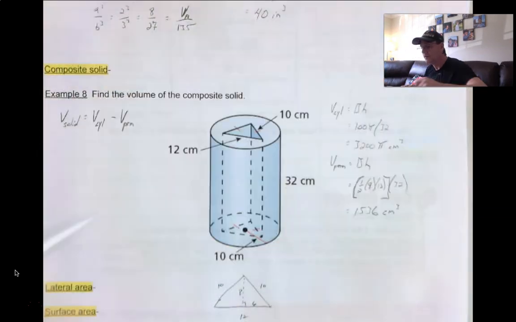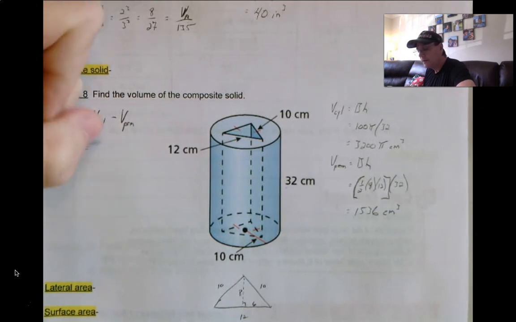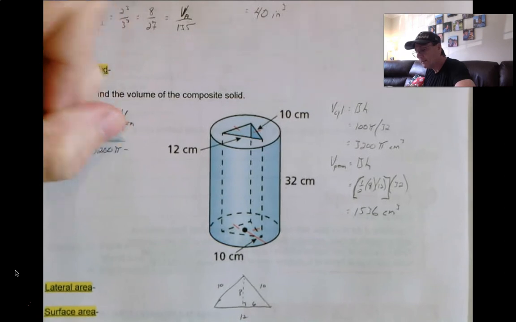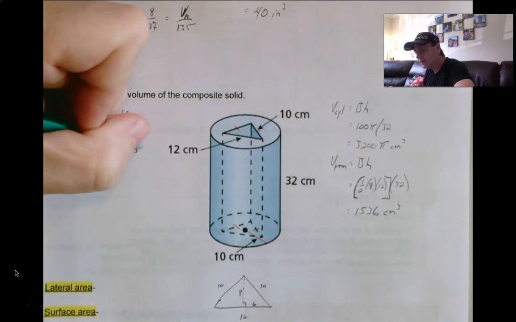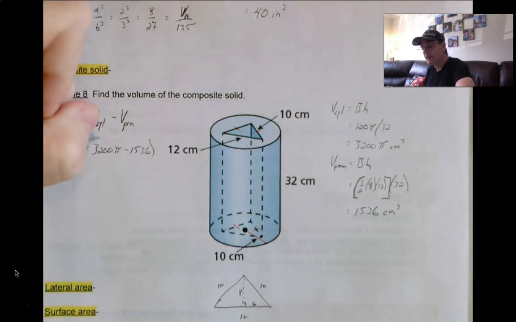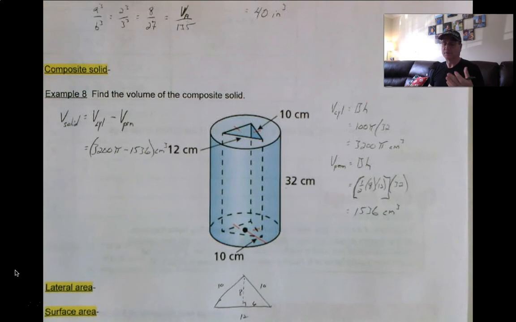centimeters cubed. So the volume of our solid is 3,200 pi minus 1536 centimeters cubed. That's the exact answer, and if the question on the quiz or test says exact, that's what we're going to do. If it says leave in terms of pi, that's what we're going to do.